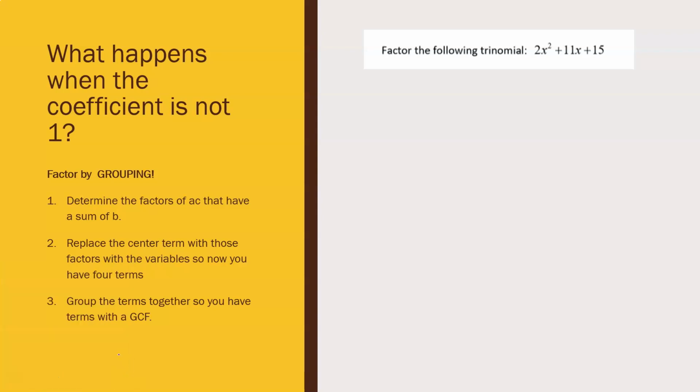So this one says, let me rewrite it, 2x squared plus 11x plus 15. So we're going to take A and C. Remember, this is ax squared plus bx plus c, so that we know what terms we're talking about. So we're going to take A times C, 2 times 15, is 30.